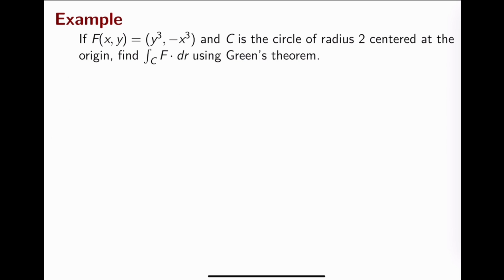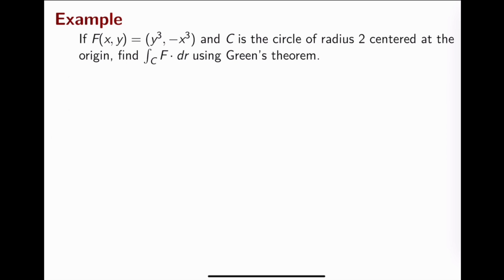So for example, let's calculate the line integral of this vector field over this curve, where this curve is a circle of radius 2 centered at the origin. And we're going to use Green's theorem to calculate it. I mean, we are not going to calculate directly by the definition, that is what we knew how to do before, but we are going to apply Green's theorem to calculate this.